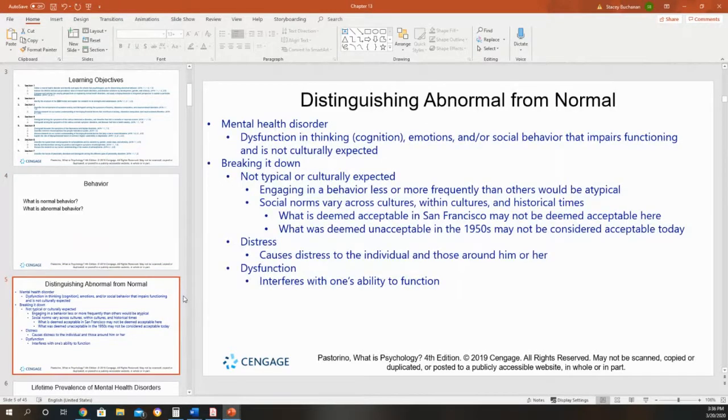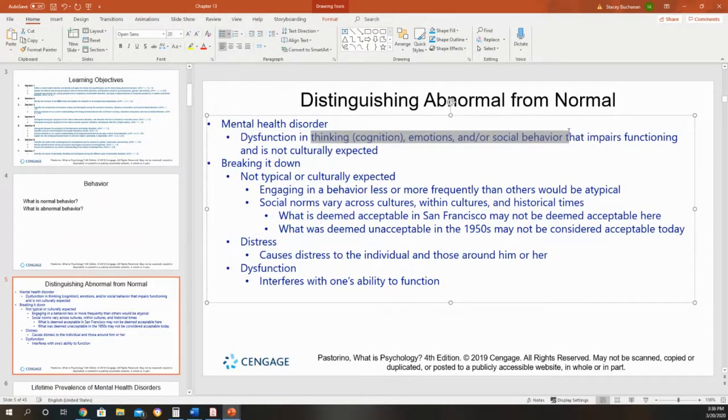So a mental health disorder is a dysfunction in cognition, emotions, and social behaviors that, and this is the key point, so I'm going to put this in red and highlight it, impairs functioning or is not culturally expected.